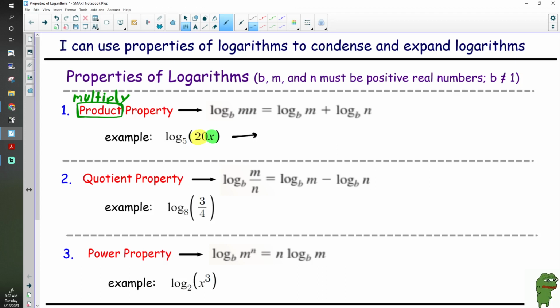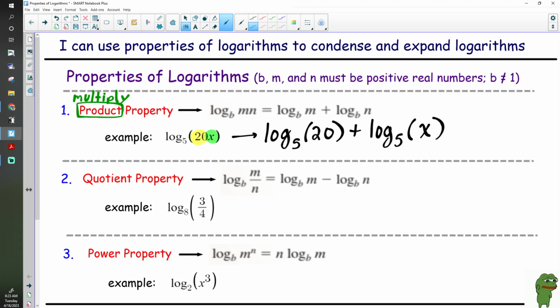So the log base 5 of the first term, log base 5 of 20, notice, see my base of my log didn't change, plus log base 5 of x. That is called expanding. We rewrote log base 5 of 20x, again, 20 times x, that's multiplication, as two separate logs being added together.